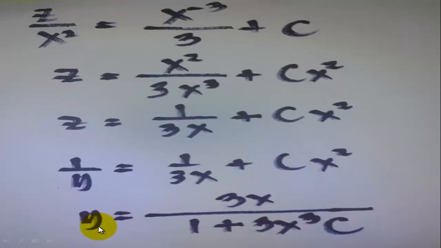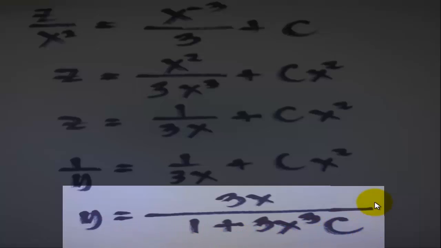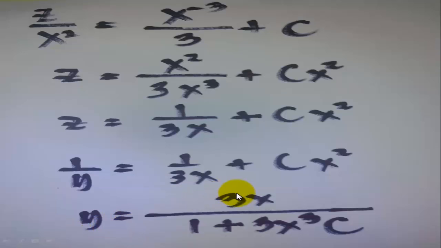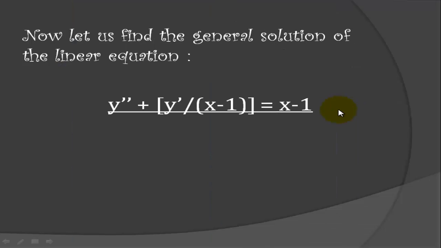Now, evaluating this one will give you your final general solution: y = 3x over (1 + 3x cubed c). Now, that's your solution. Now let's move on to the next problem.